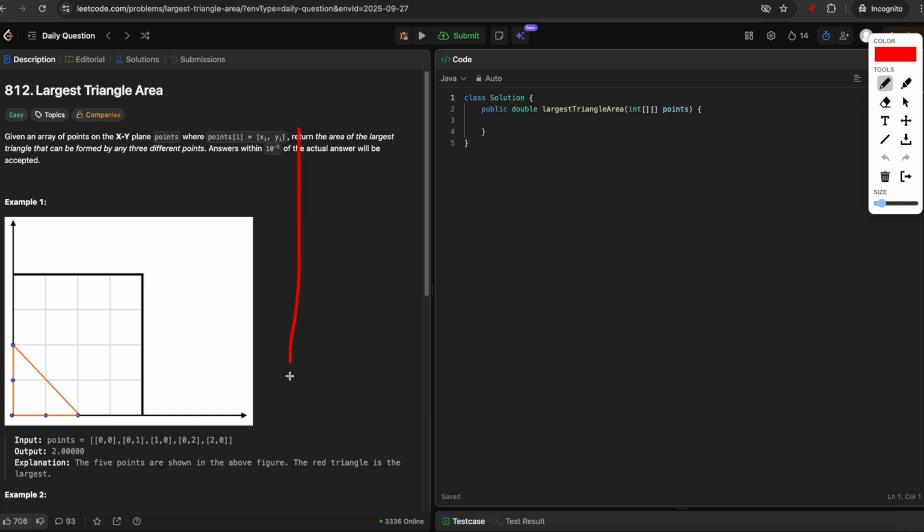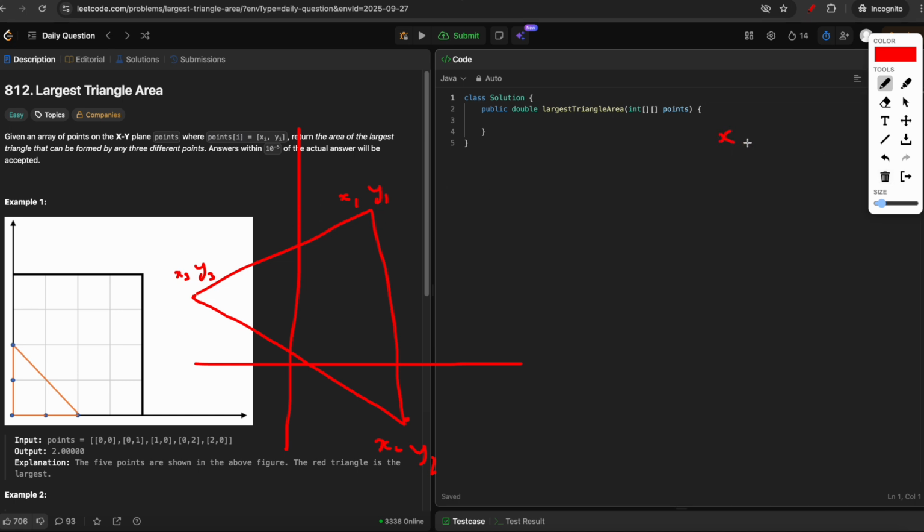So suppose we have a plane and we have some random 3 points, x1, y1, and another point might be here, x2, y2, and another point is here, x3, y3. So these 3 points will form a triangle, and to find the area of this triangle using the points, we can have a formula like this: x1, y1, x2, y2, x3, y3, and the same point again, x1, y1.